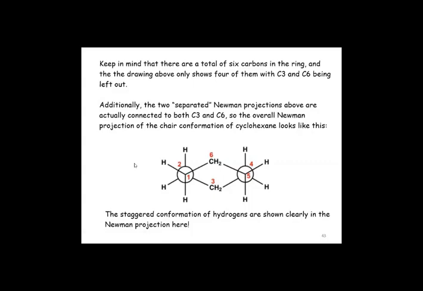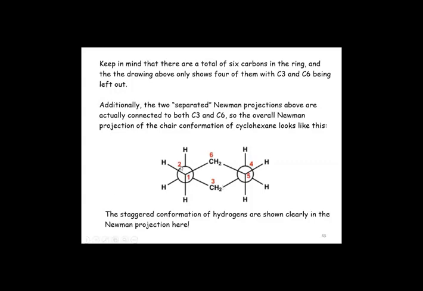Now these two separate Newman projections are connected through carbon number 3 and carbon number 6, and how they are connected, that we will see here.